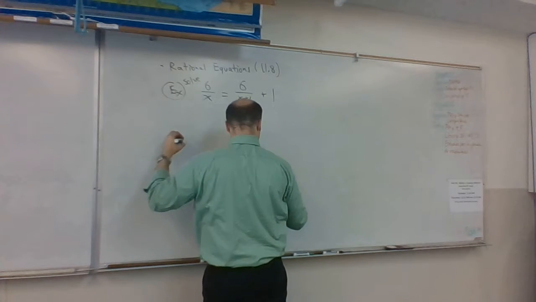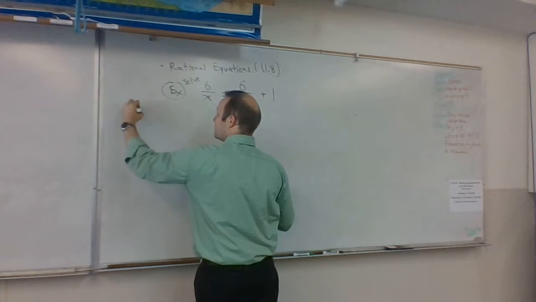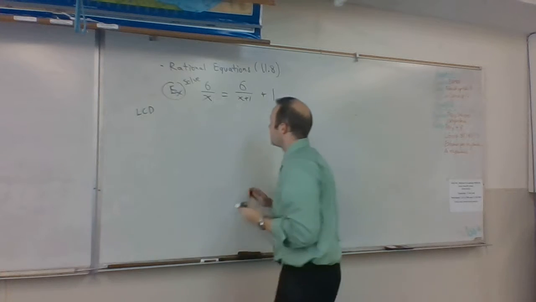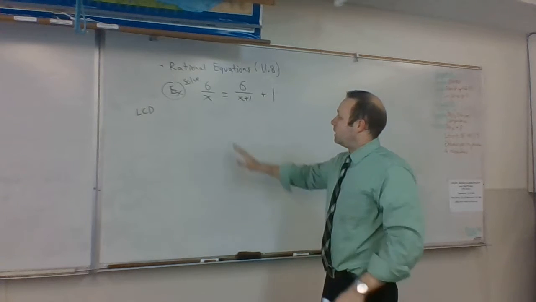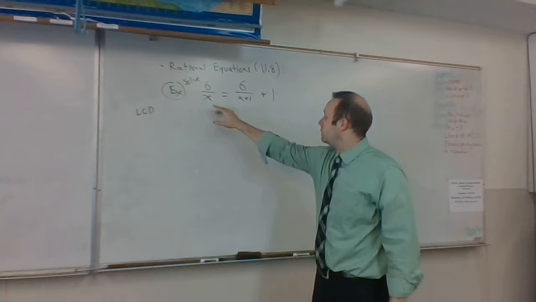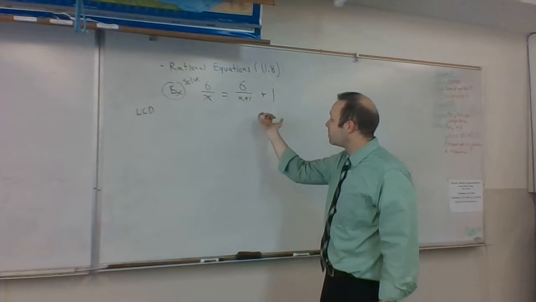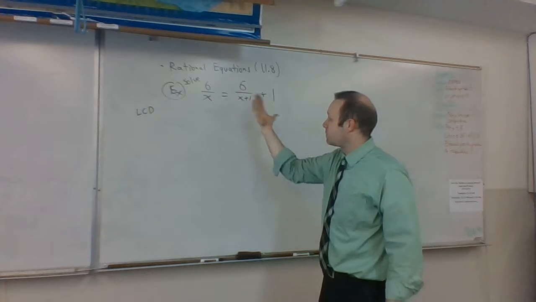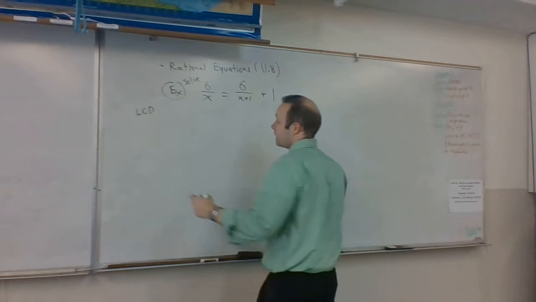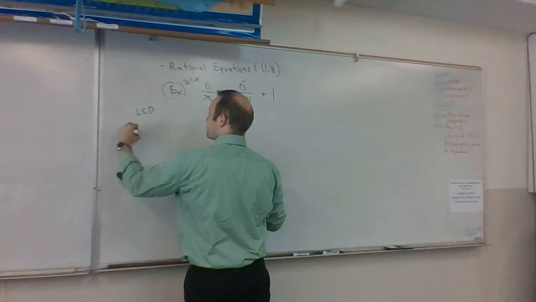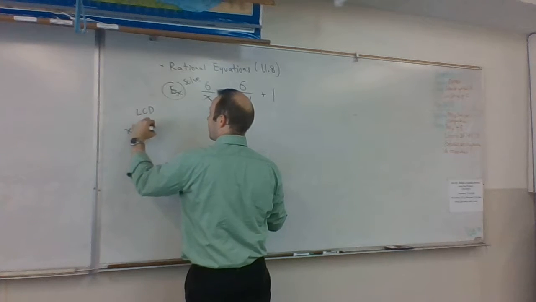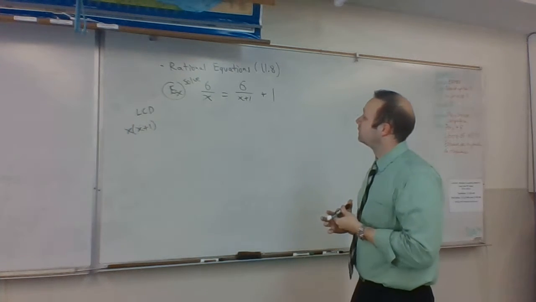So let's start out finding what our LCD is here, our lowest common denominator. Is x like a multiple of x plus 1? No, so our lowest common denominator here is just x times x plus 1. Okay?